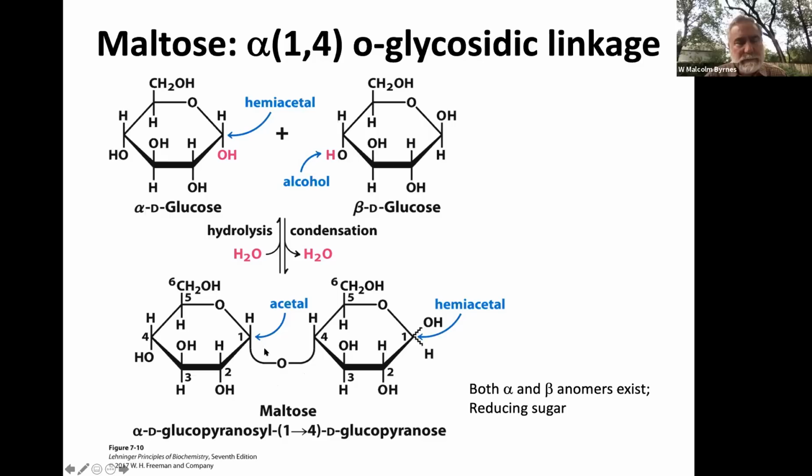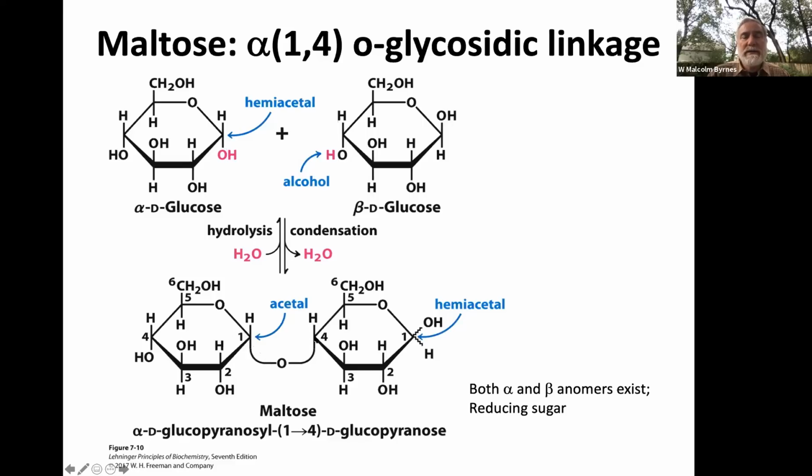What does that mean? Well, the linkage is between carbon 1 of the sugar on the left and carbon 4 of the glucose on the right. So it's called 1,4, shown here, okay? And this OH was in the alpha position. And so it's alpha 1,4.